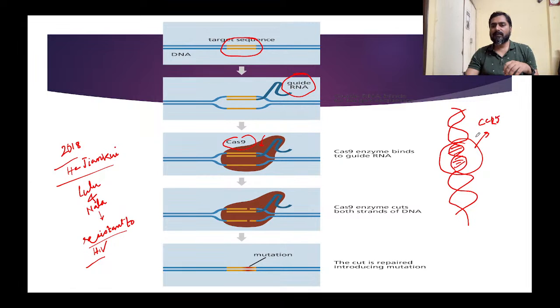It is said that this gene is responsible for causing HIV. When the babies were at the embryo stage itself, he went for gene editing and removed the CCR5 gene. Because of that, these babies are resistant to HIV, because they do not have this CCR5 gene, so they are not vulnerable to HIV.